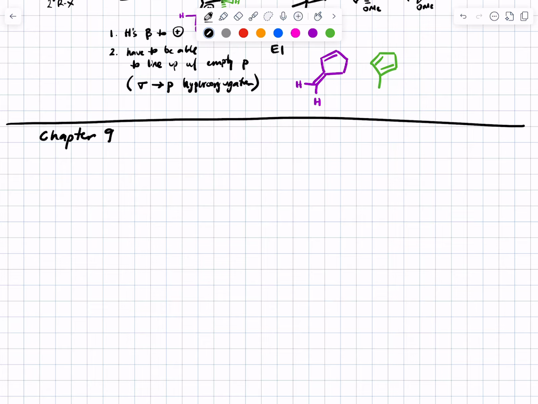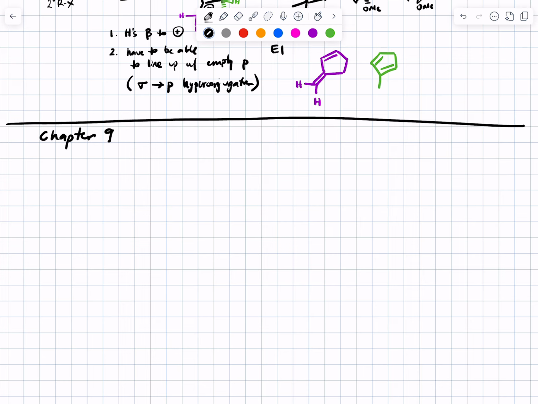I'm going to make a problem set 8, which will include some stuff from chapter 8 and some stuff from chapter 9. So it's awkward to have a problem set that's due at a specific time that doesn't neatly coincide with when we finish chapters, so we're just doing our best. But don't freak out. The number of the problem set has nothing to do with what chapter we're on. Okay.